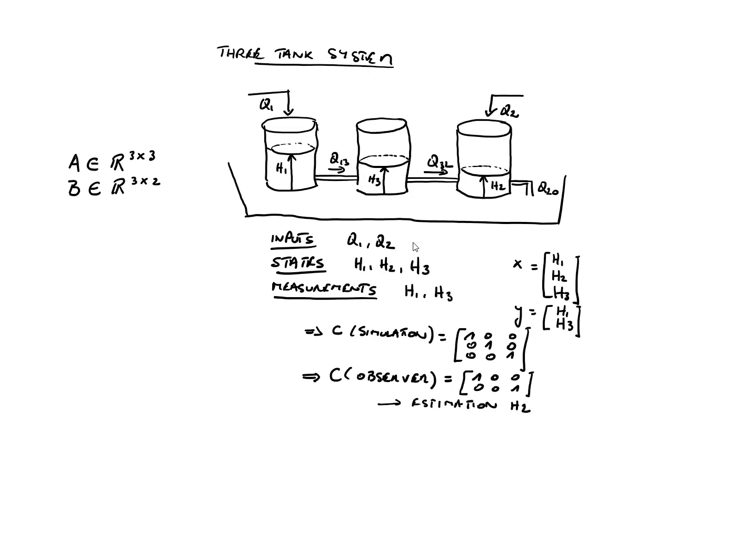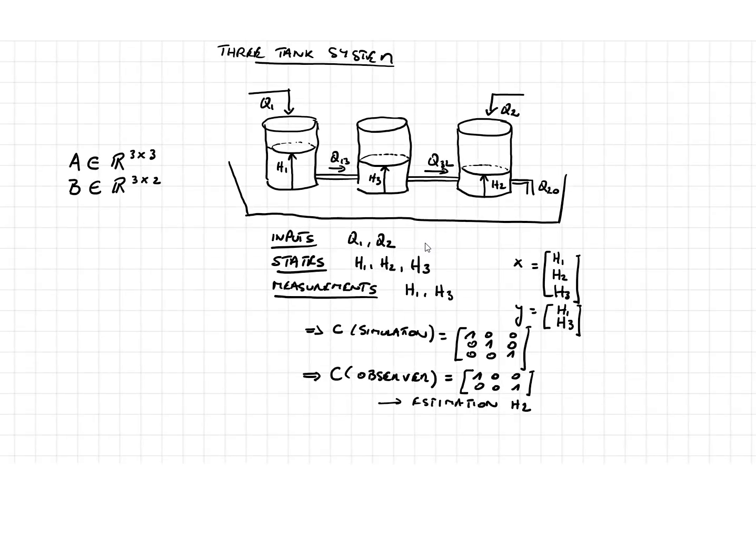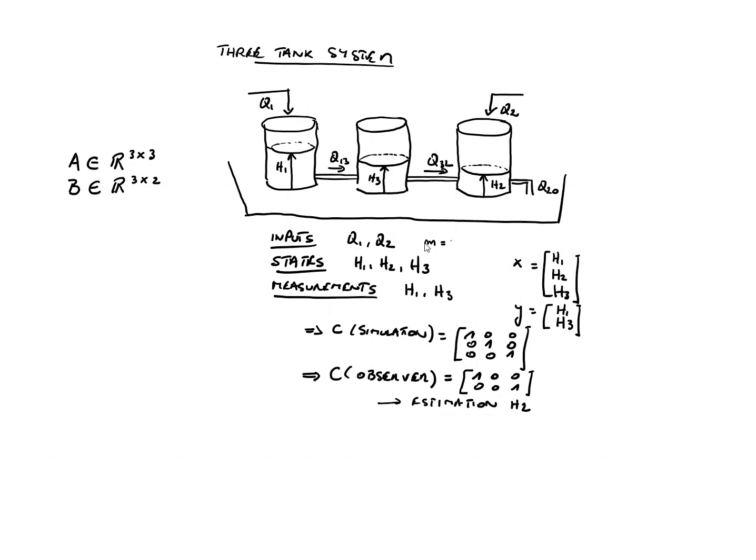Okay, so since we have here 2 inputs, we'll have m equal to 2 and n equal to 3. The number of outputs is 2, so we'll have p equal to 2, right? So now it follows that A has dimension 3 times 3 and that B has dimension 3 times 2.